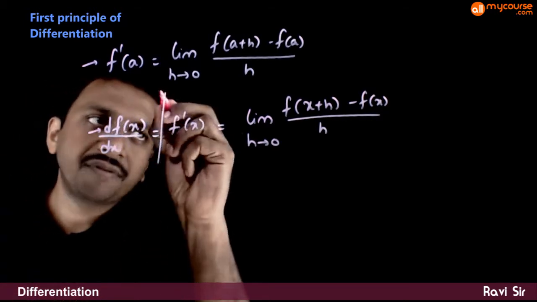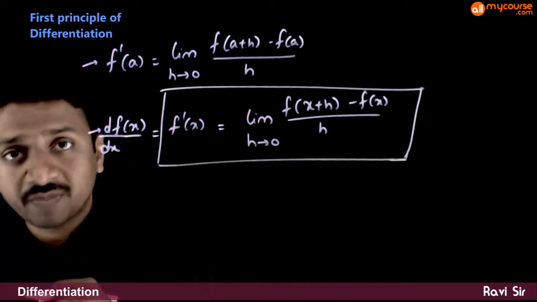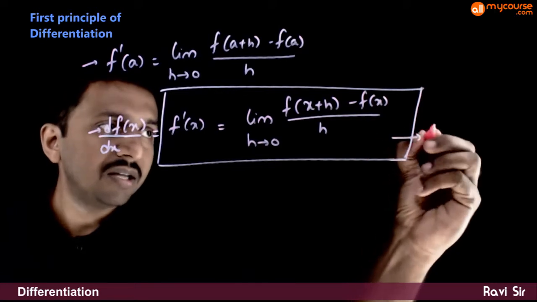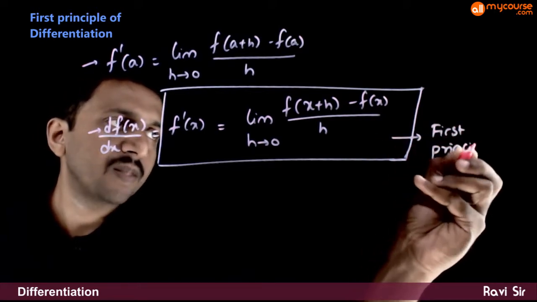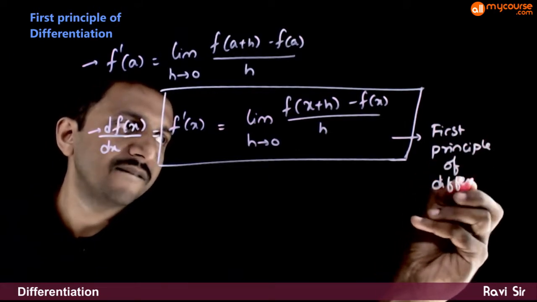So f dash of x is equal to limit h tends to 0 f of x plus h minus f of x by h. So this is called the first principle of differentiation.